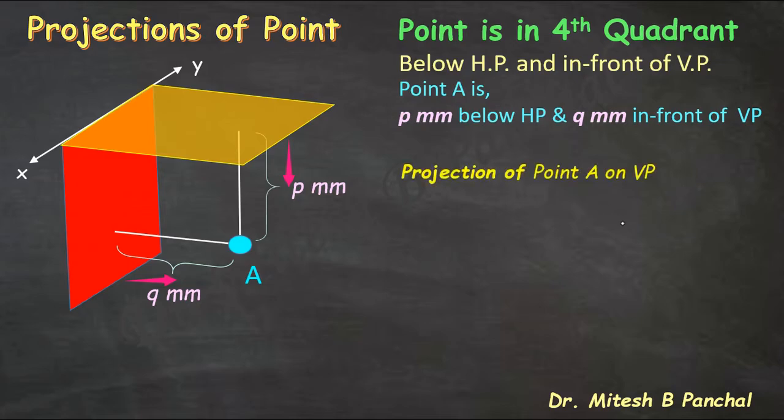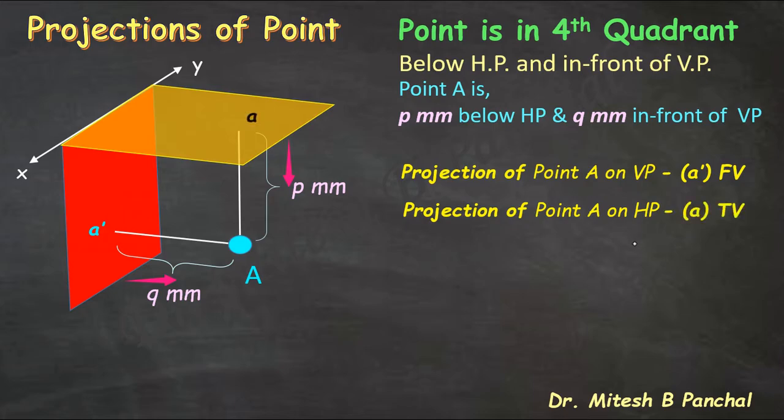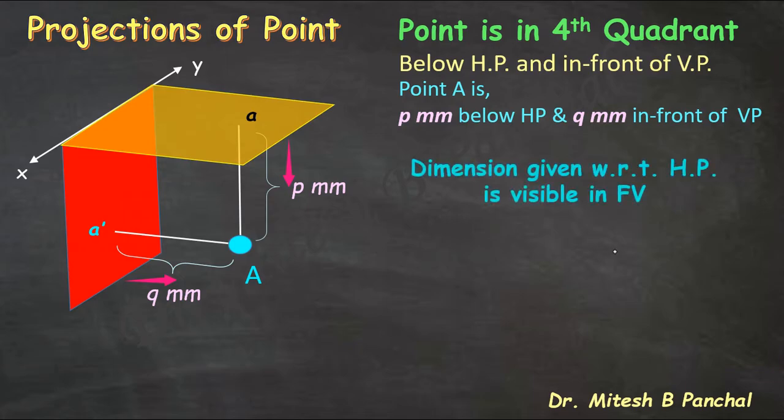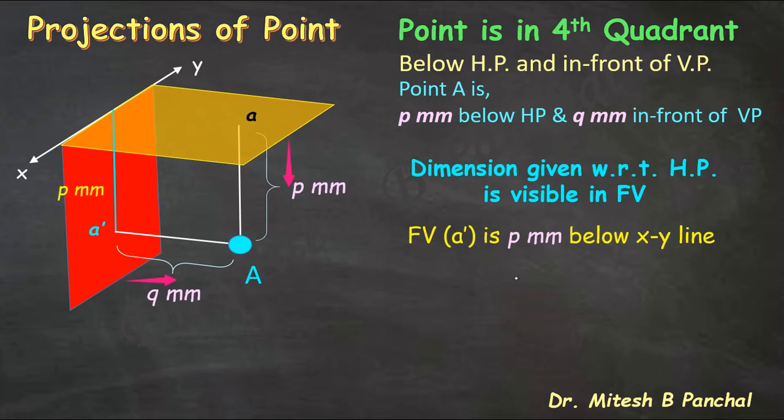The projection of point A on VP, that is nothing but the front view, is A dash on VP. The projection on HP, that is nothing but the top view, is small a on HP. We know that dimensions with respect to HP are visible in the front view, that means A dash is P mm below XY line.